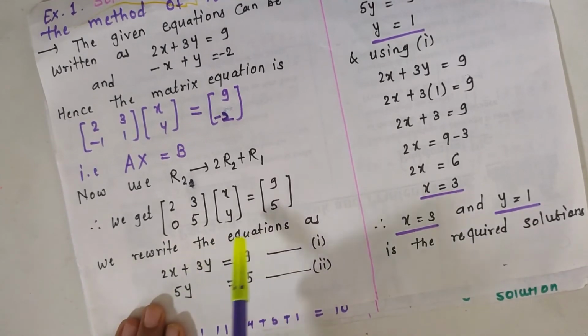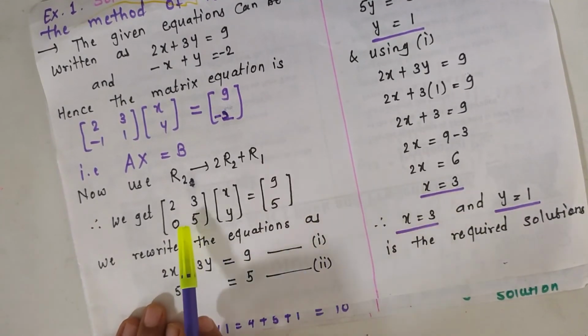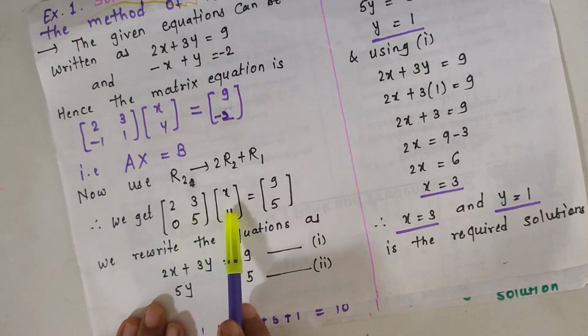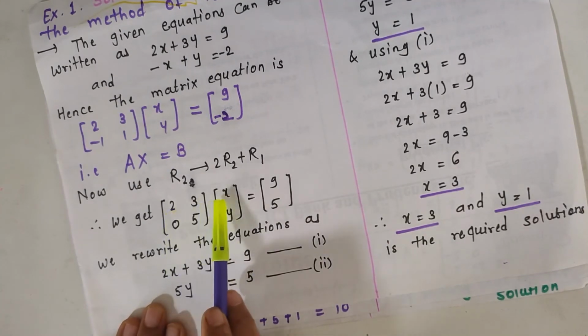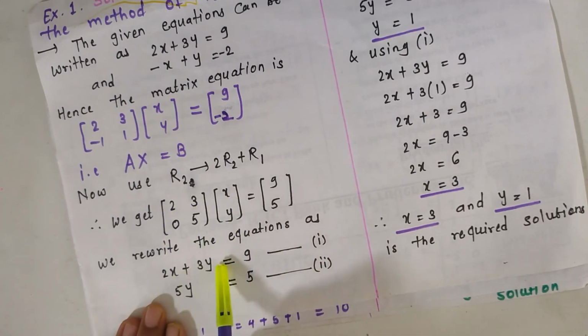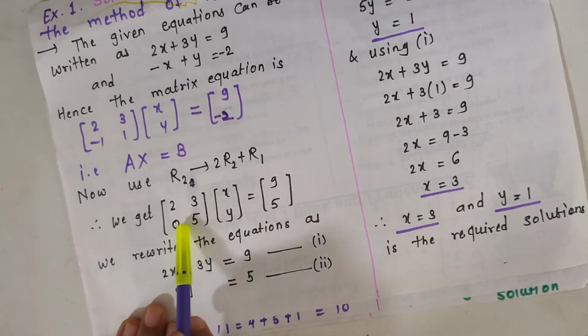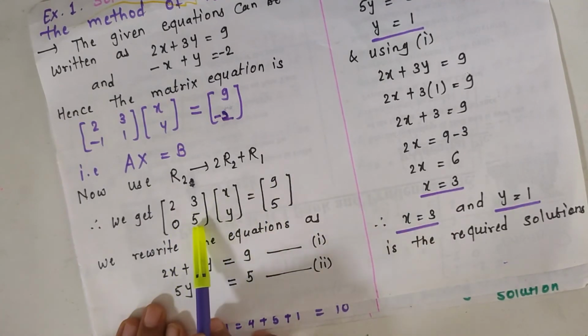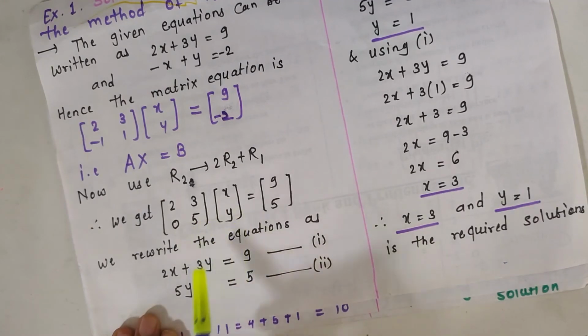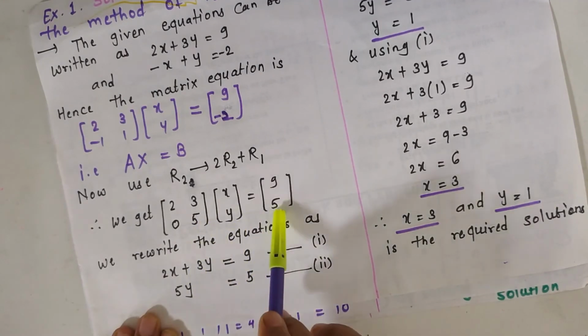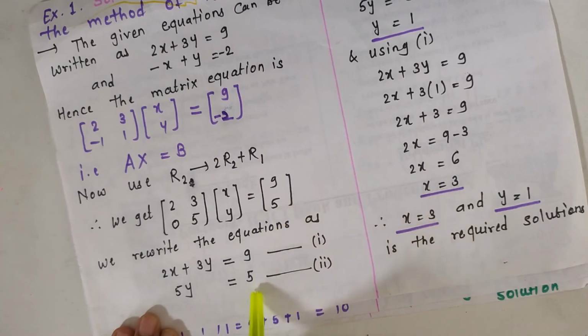Now we write the equations. This product can be written as 2 into x plus 3y is equal to 9, and 0 into x is 0, plus 5 into y, 5y is equal to the second constant, 5.